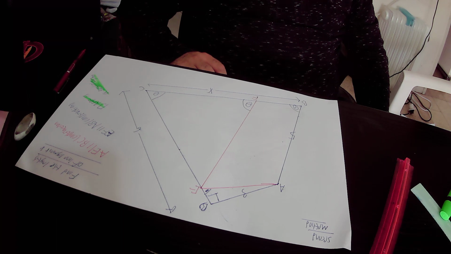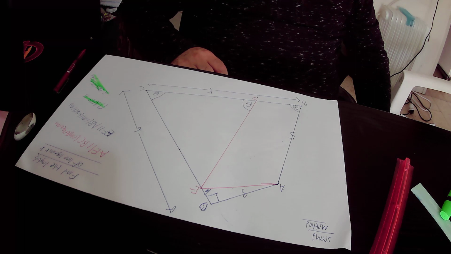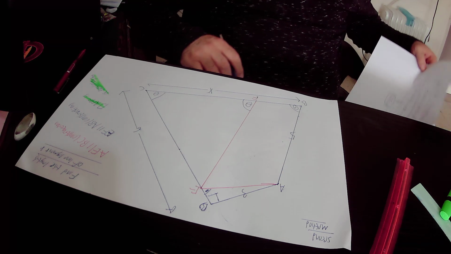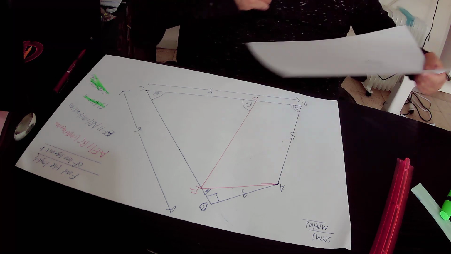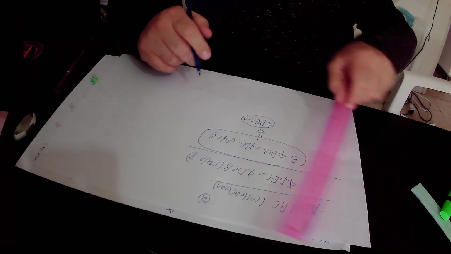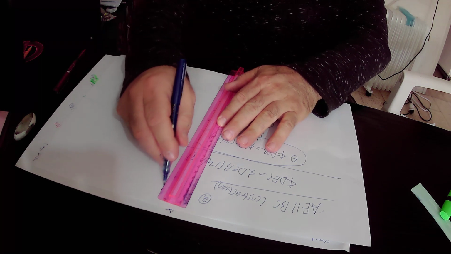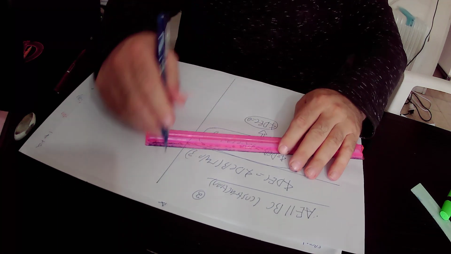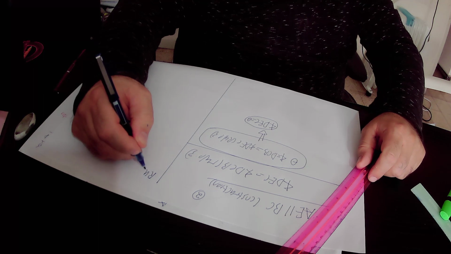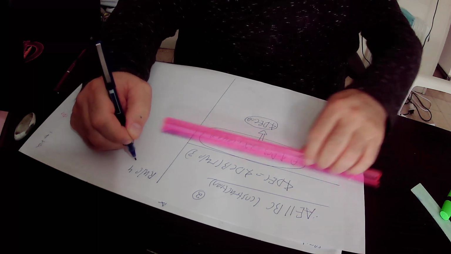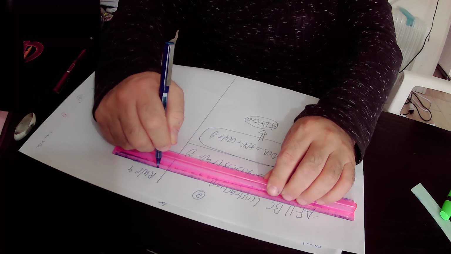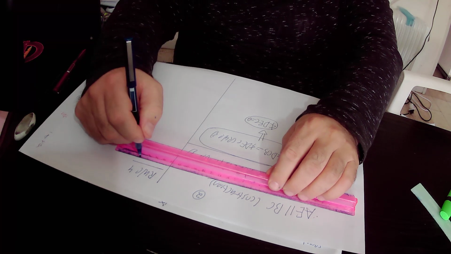So here, in the next step, I will present to you a new rule, rule number 4. According to rule number 4, the opposite sides of a parallelogram are equal to each other.